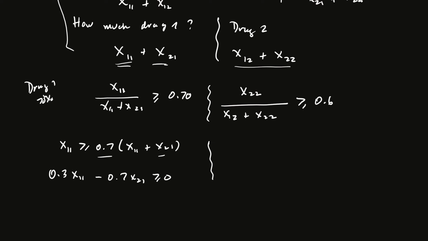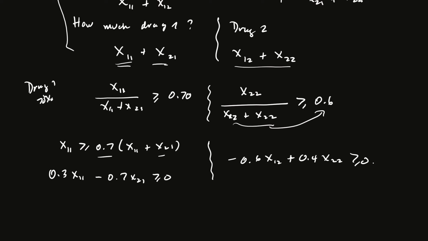Similarly for drug 2, we multiply this over and bring things over. So X12 now has minus 0.6, and then we'll have 0.4 left over for X22, greater than or equal to 0.